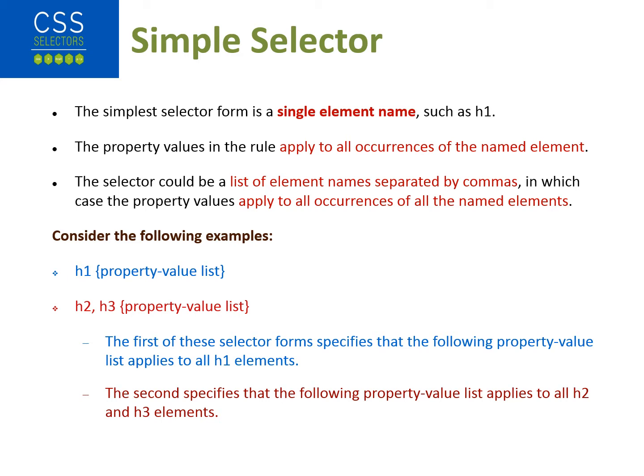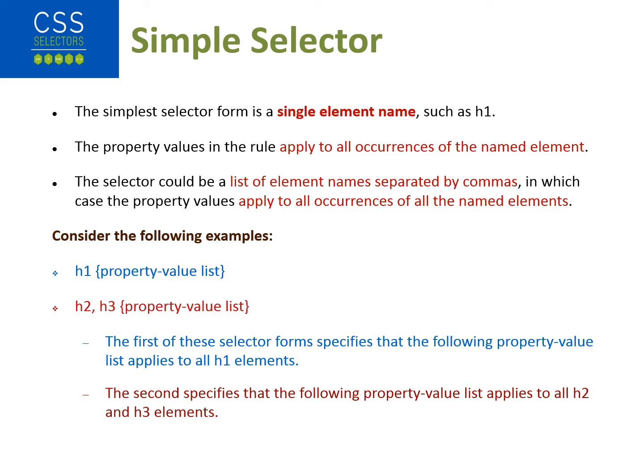So this is the simplest form. In this, a single element where the style can be applied. In this case, the property values in the rule apply to all the occurrences of the corresponding HTML element.